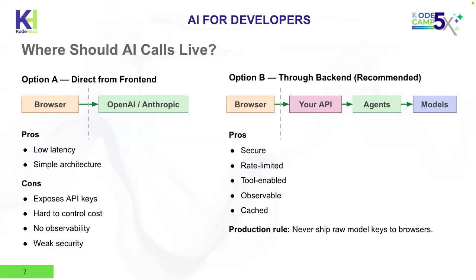There's no observability, right? You cannot see what's going on. And security is weak. I've explained some of the things around security. So this is the main reason why you would not go with this option A, right? Rather, you would want to go with option B, which means that you have to build your own backend.